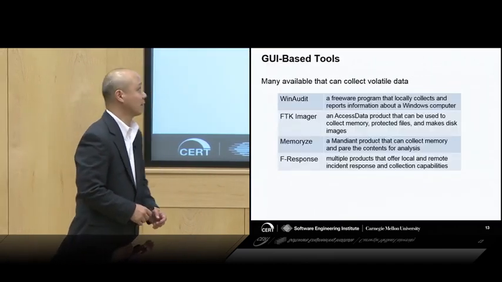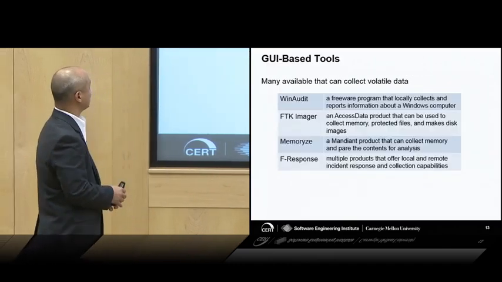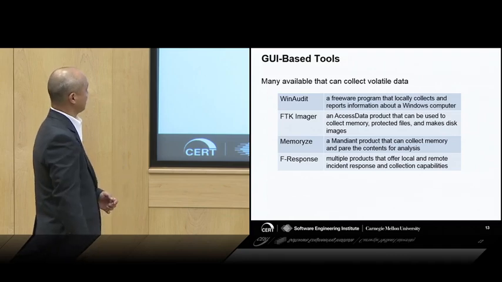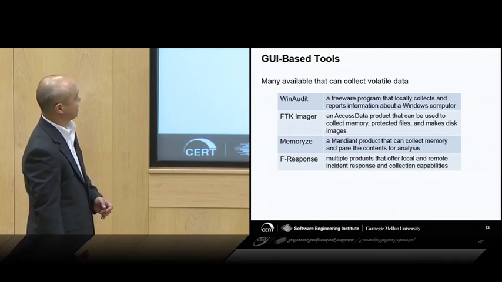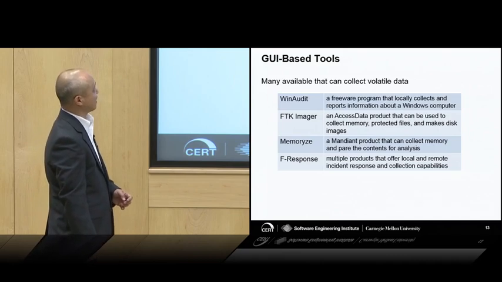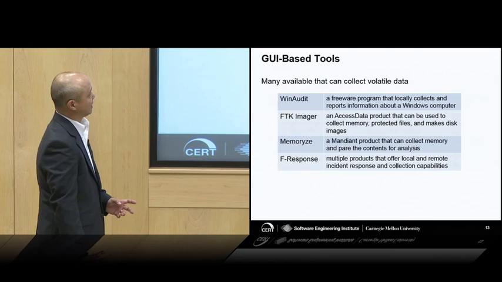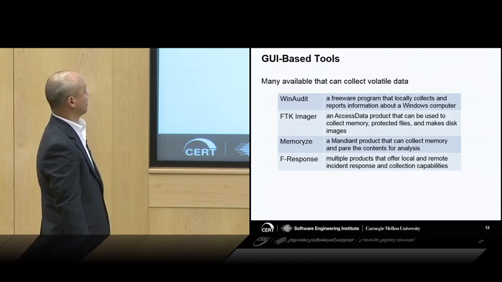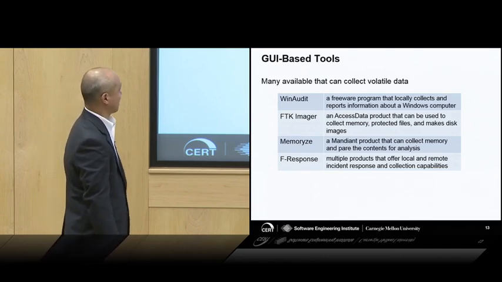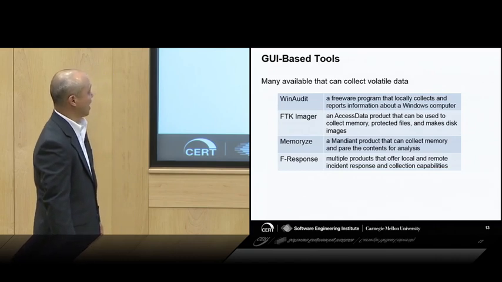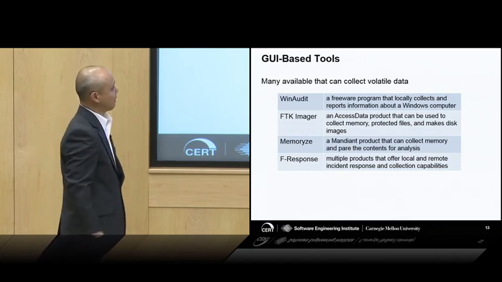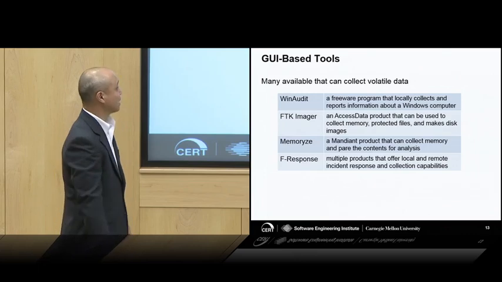Okay, and then here are some of the GUI-based tools. Some I mentioned before, like FTK Imager, which Access Data creates. WinAudit is a free program that collects and reports information about a Windows computer in particular, so it specializes in that operating system. Mandiant has a product for collecting memory, and it's able to pare down some of that information for analysis.